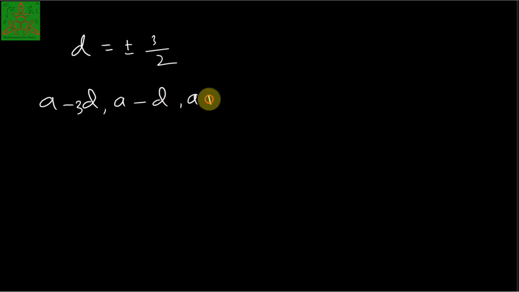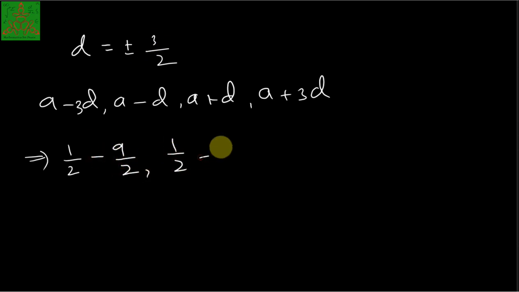Therefore d is plus or minus 3 by 2, and the roots a minus 3d, a minus d, a plus d, and a plus 3d are, since the value of a is 1 by 2 and taking d as 3 by 2: 1 by 2 minus 9 by 2, 1 by 2 minus 3 by 2, 1 by 2 plus 3 by 2, and 1 by 2 plus 9 by 2.